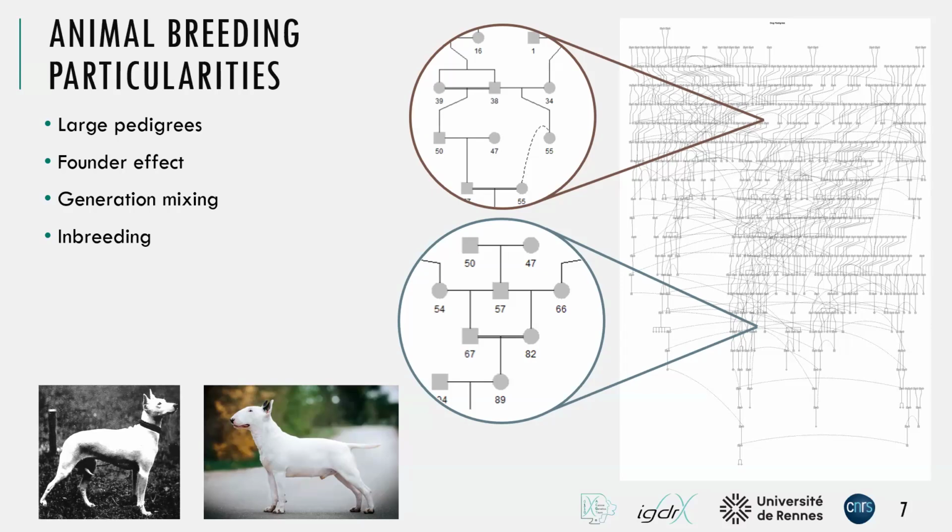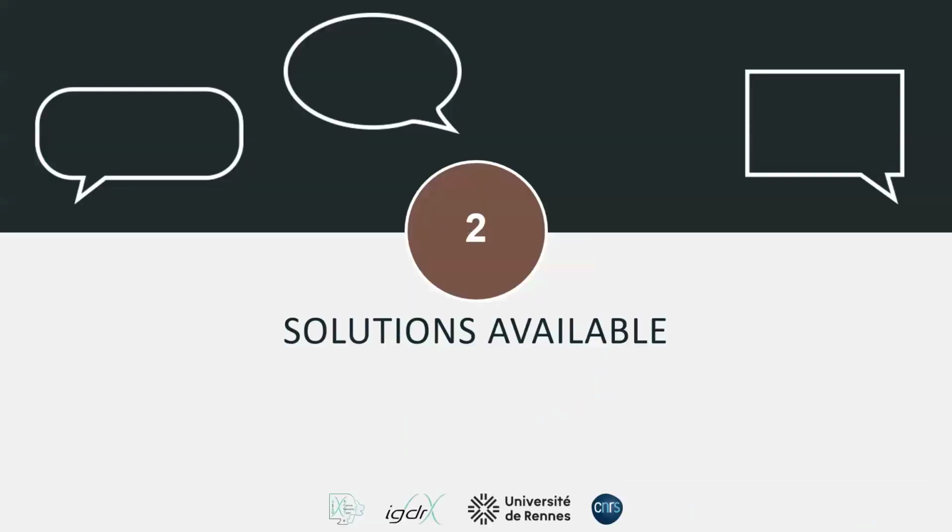This results in a lot more inbreeding and generation mixing, greatly complicating the pedigree visualization. Therefore, how can we easily manage such complex data and visualize only the relevant information? To do so, many different informatics solutions already exist, more or less automatized and maintained.